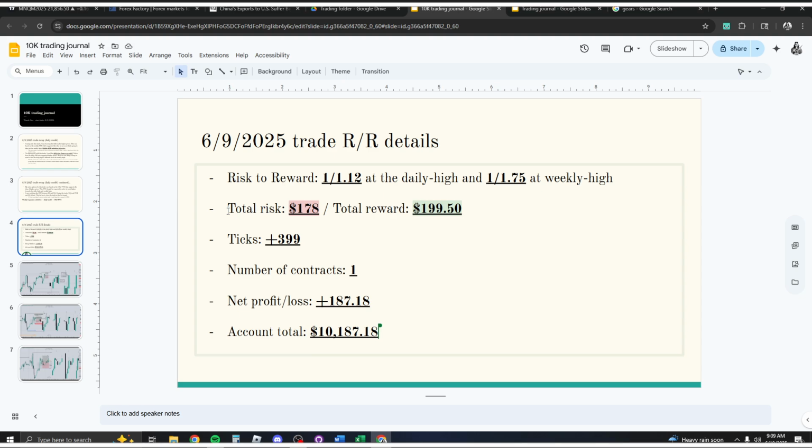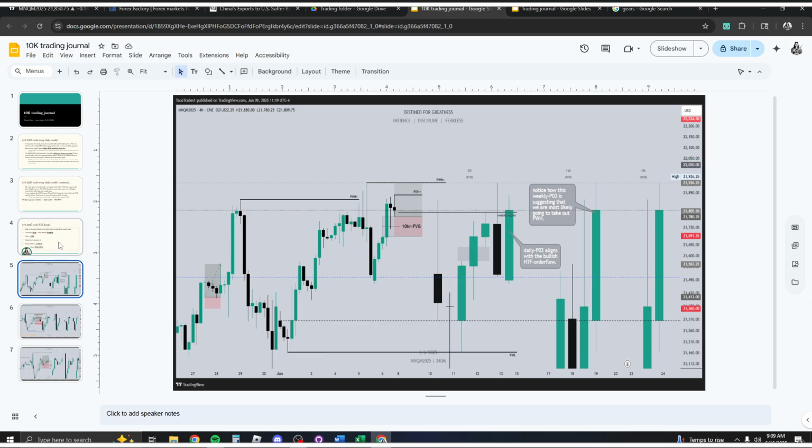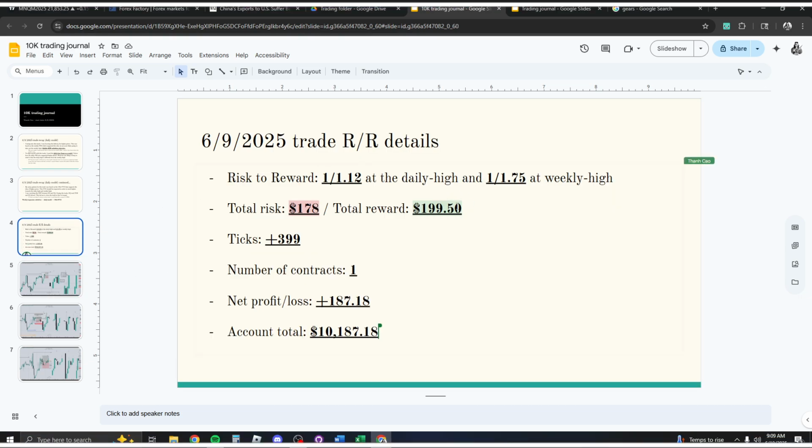And total risk and total reward here was 178 to 199 at the daily high. I'm sure if I were to move the target up to the weekly high, this would have been a little bit different.